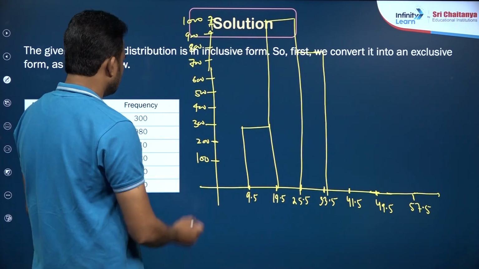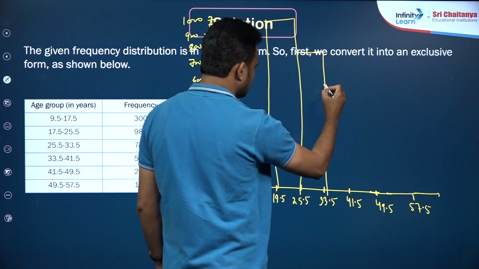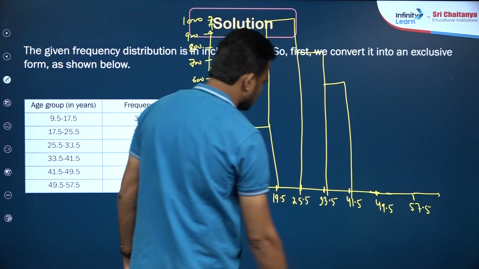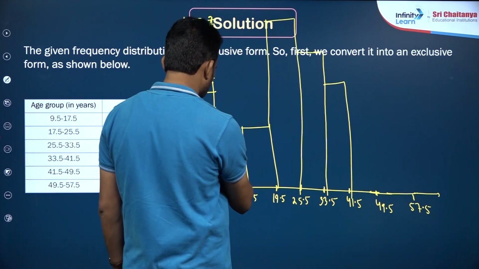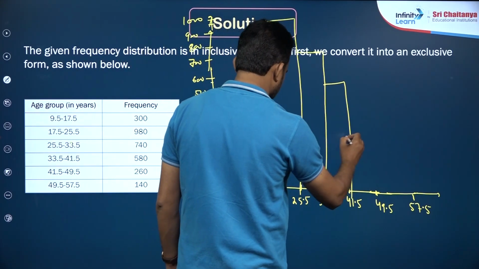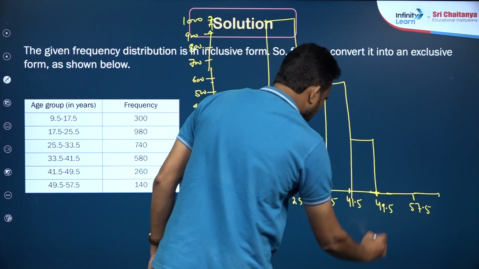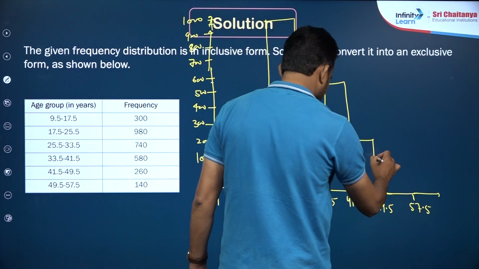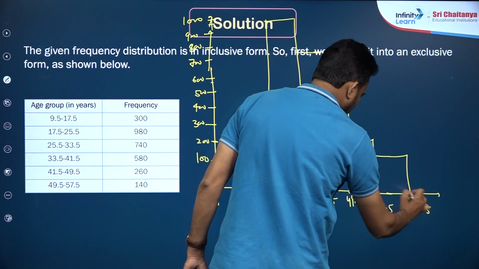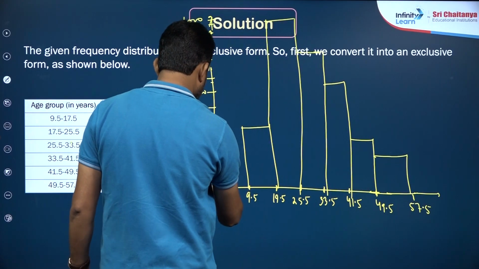Then 580. So this will be 580, right? Then 260. So 260 will be here. Then 140. So this will be 140, right? And now draw the kink symbol.